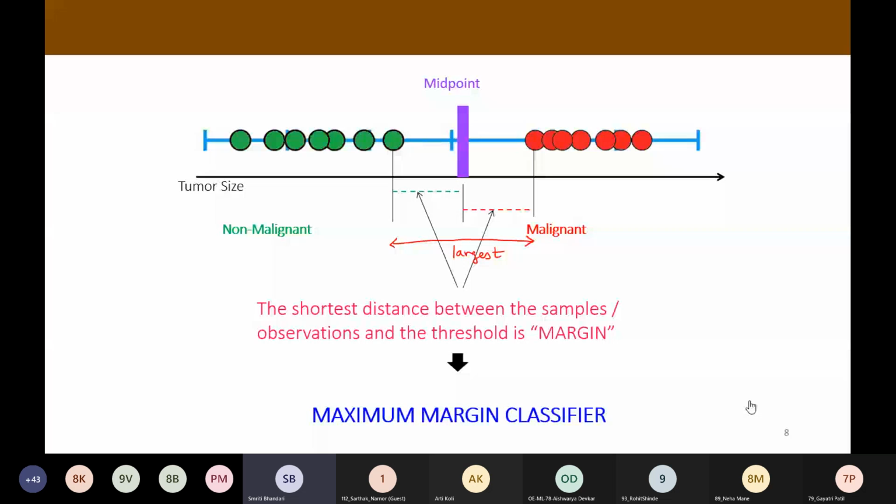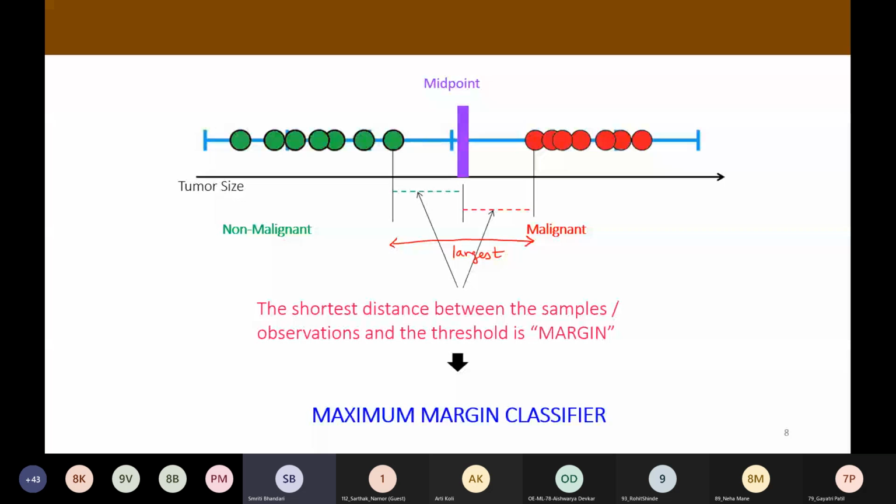So I hope you have understood this concept of the maximum margin classifier, to come up with a threshold between the samples of two different classes. That is the essence. And this is one simple example in one dimension so that we can understand the concept.